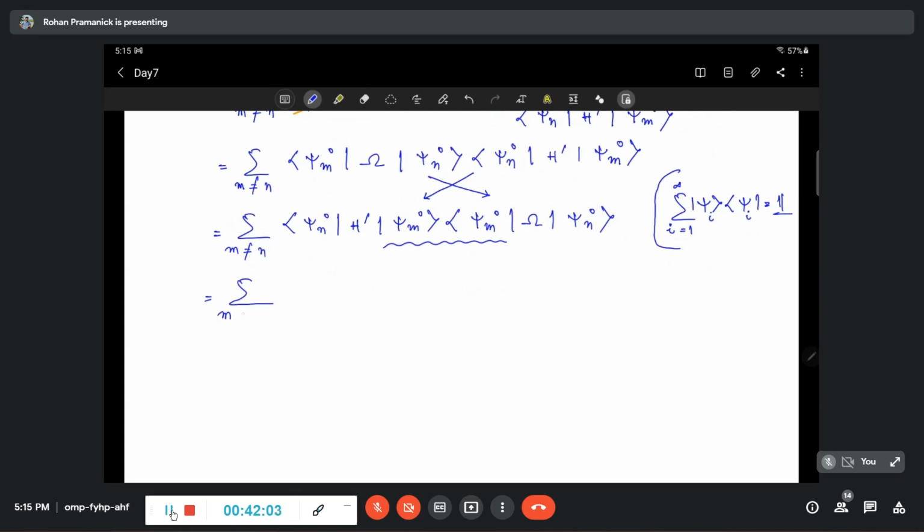So this is the summation m equals 1 to infinity of psi n0 h prime psi m0 psi m0 omega psi n0, and we add and subtract what we need in order to make it a 1.